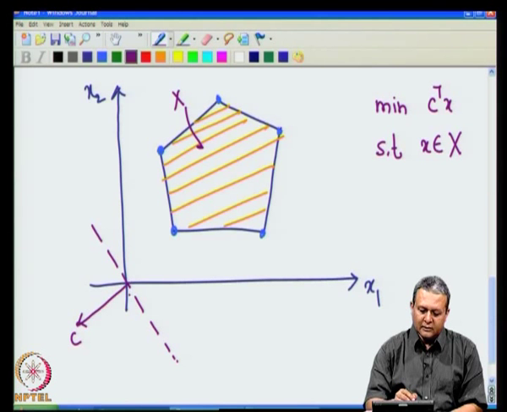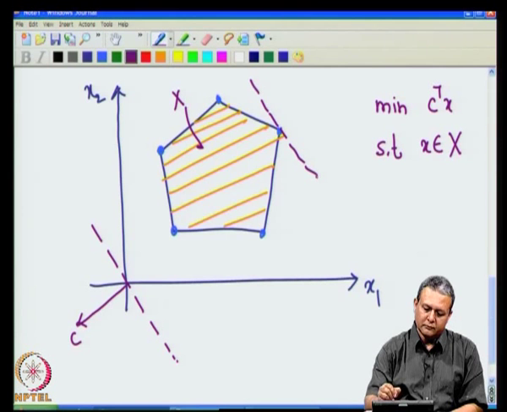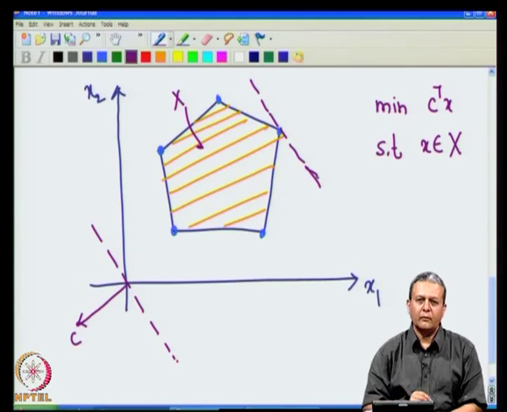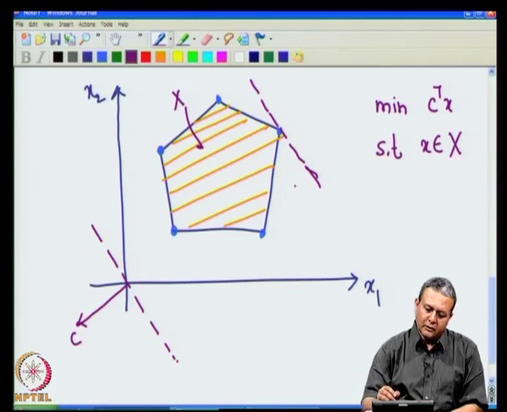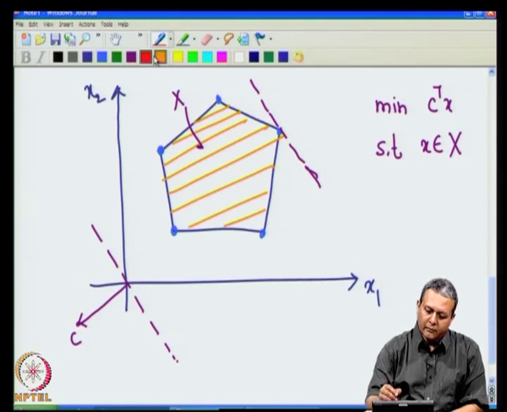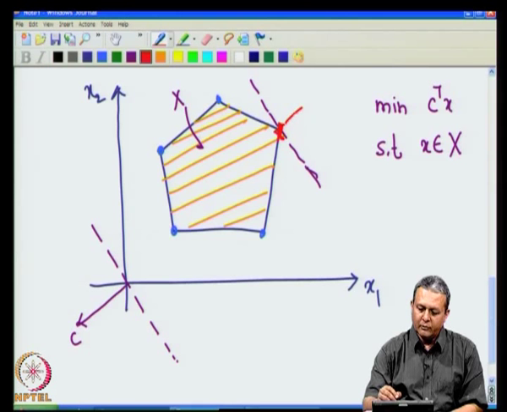So, we take this parallel hyperplane to this hyperplane which supports the set X from below. So, it will be, and therefore, this will be the solution point. So, this will be X star.